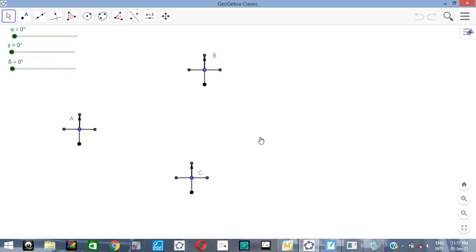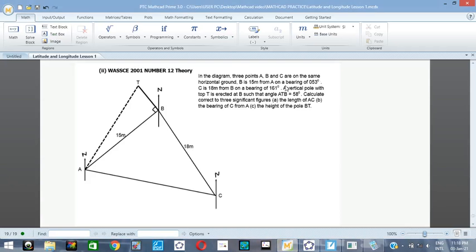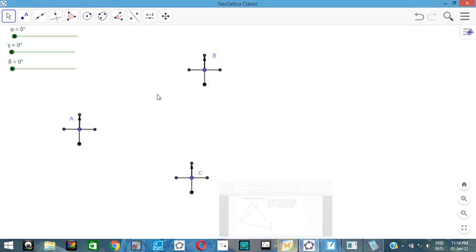So you can see the three points A, B, and C. According to the question, we turn 53 degrees from A. So without wasting time, let me turn my 53 degrees. Watch my turning here. So 53 degrees, this is settled.